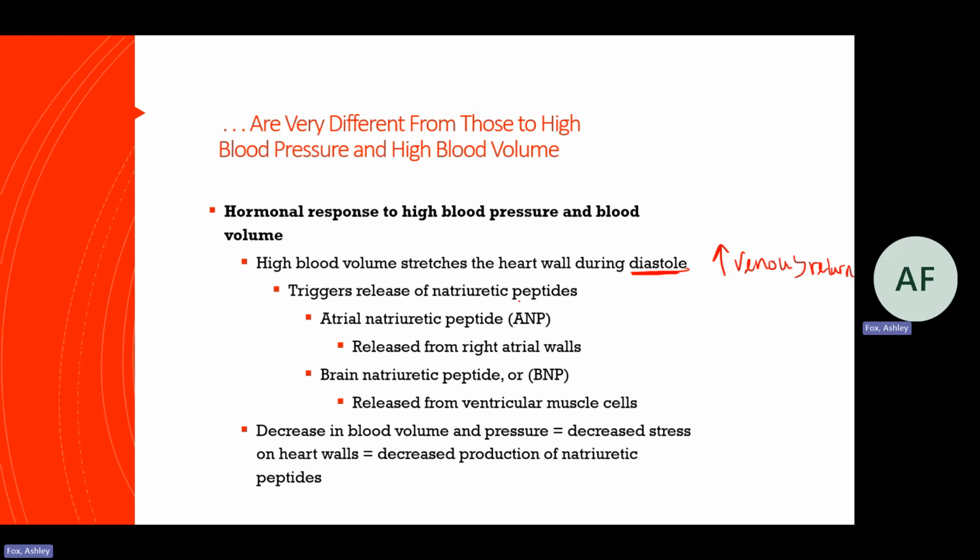This causes a release of natriuretic peptides. So there's two types. There's atrial natriuretic peptide that's released by the right atrium, recognizing increased venous return. There's also a brain natriuretic peptide that's going to be released from the ventricles of the brain.